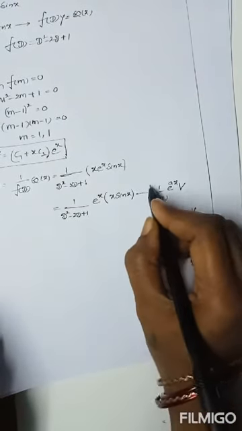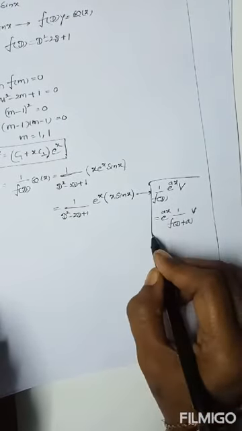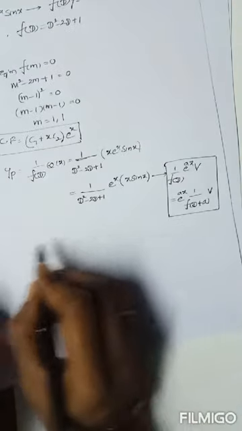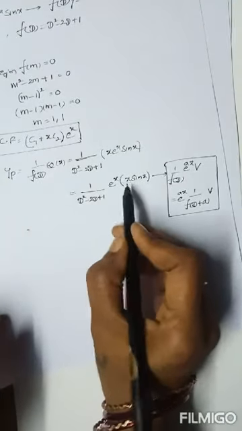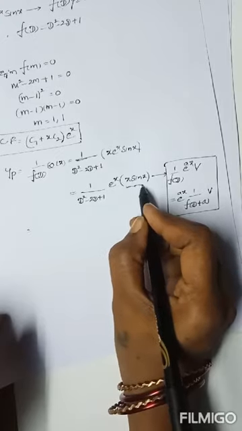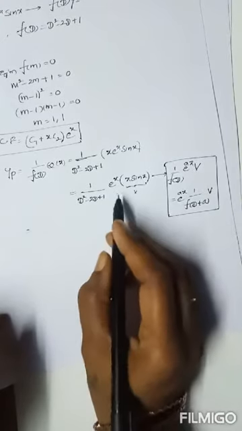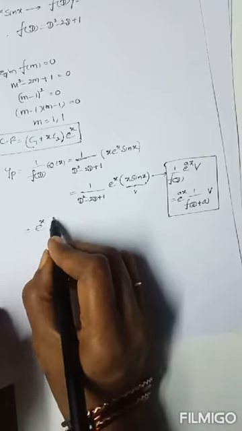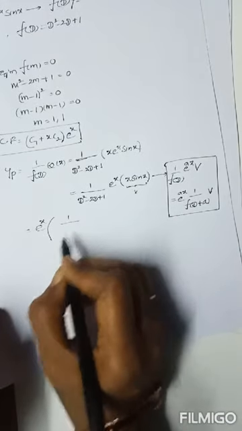This is the rule of type 4. According to this, e power x into v, so e power x goes to the left of this operator.